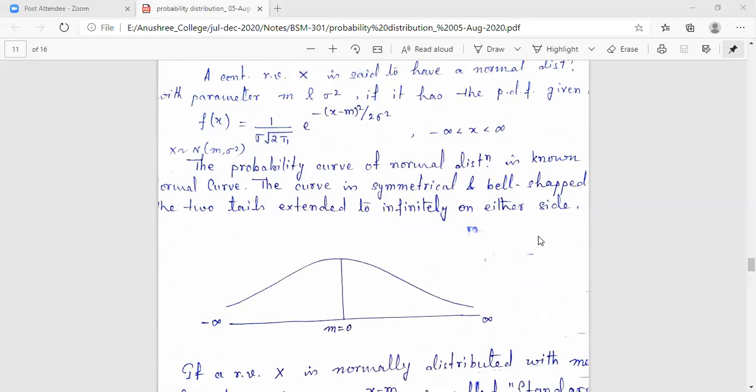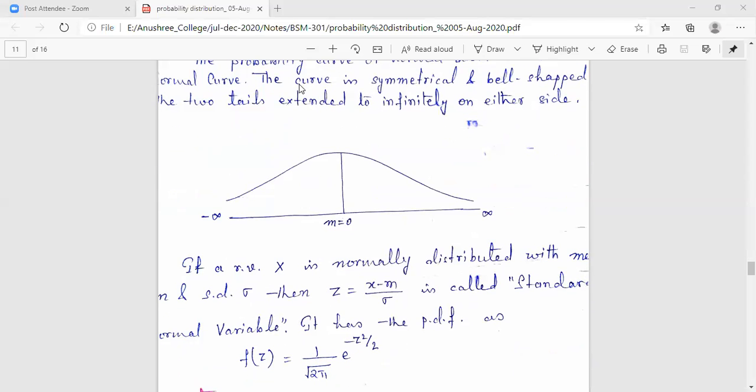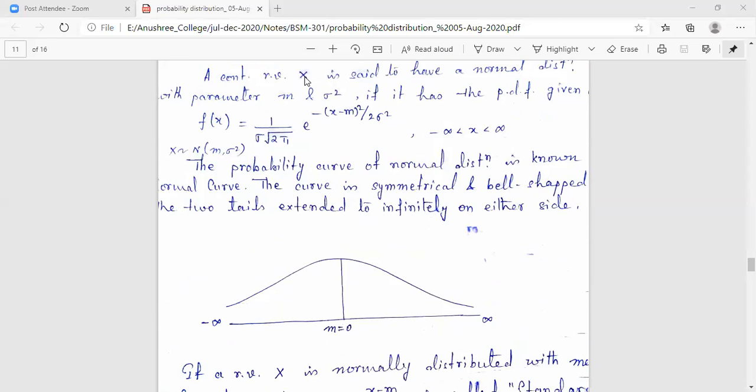Now, I have just told you that whenever a random variable is normally distributed, we need to transform it into another variable which is the standard normal variable, that is, standard normally distributed, because all the probability values given in theory are for the standard normal distribution. So we are going to transform the variable x to its standard normal form.